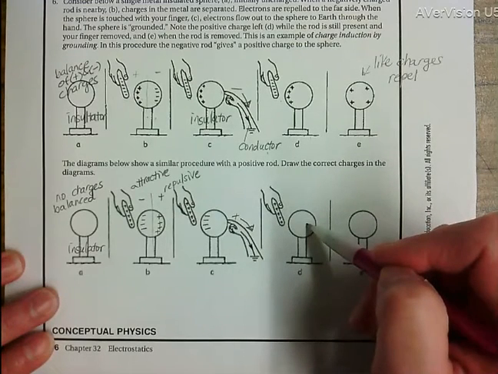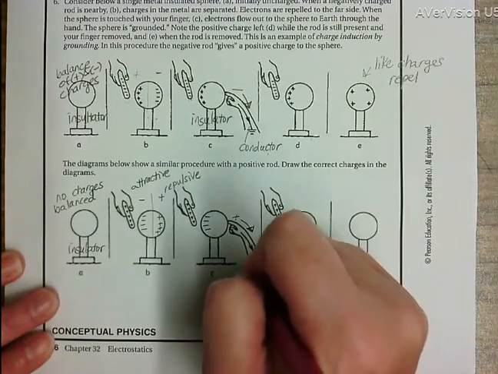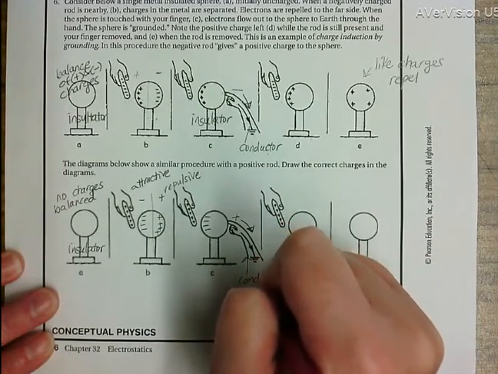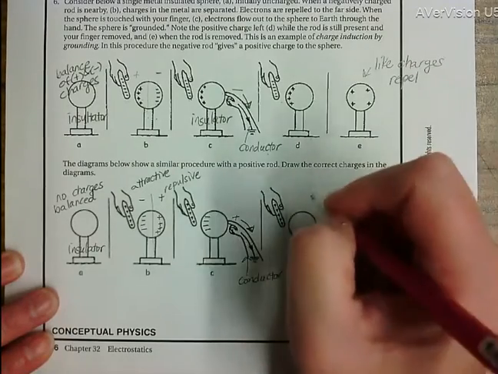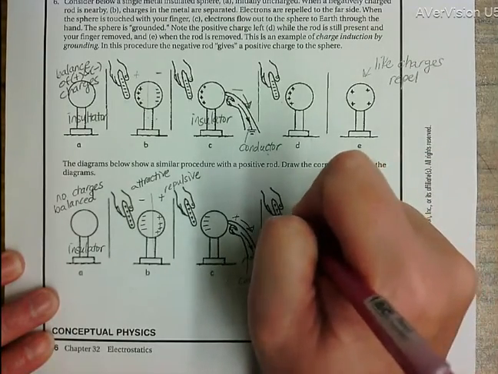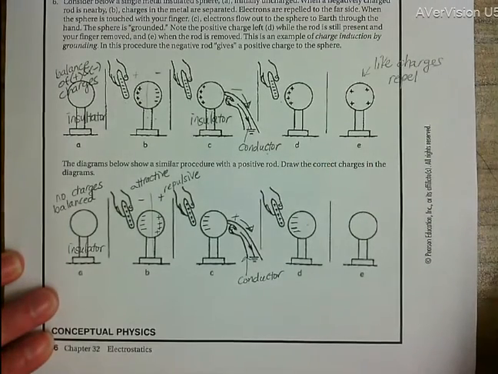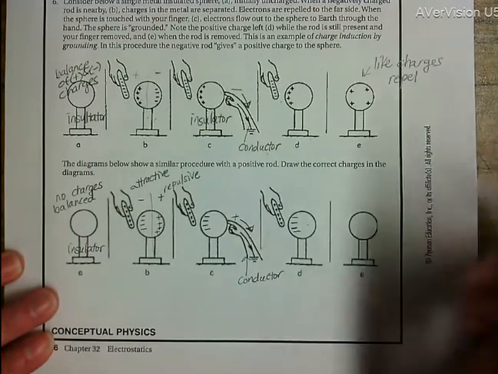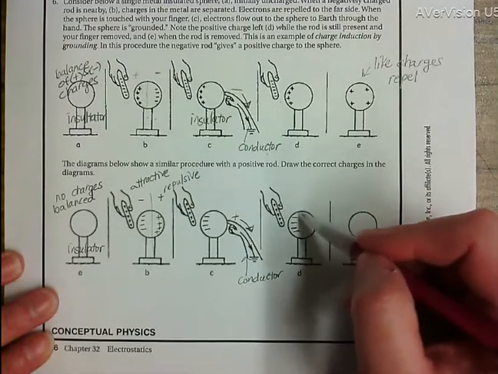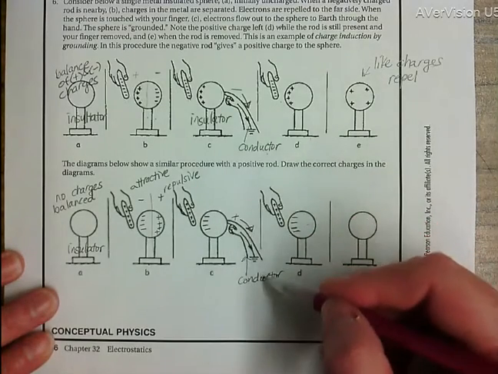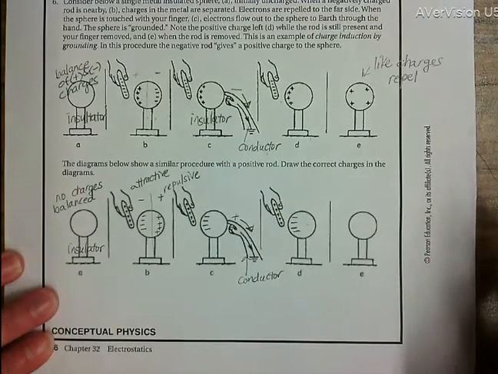In this picture then, somebody isn't touching that sphere anymore. Again, our arm was acting as a conductor. Because this rod is still here, these negatively charged particles are attracted to that rod. But there are no more positive charges on here because they all escaped that sphere to the ground.